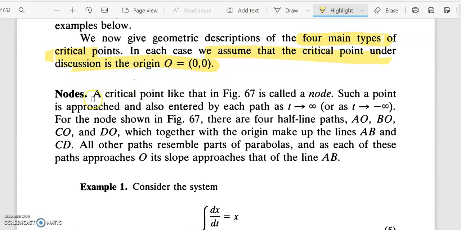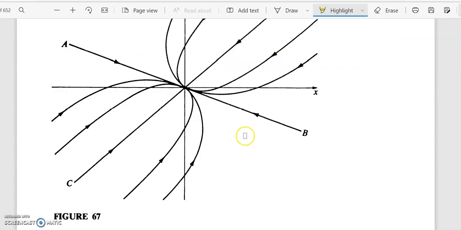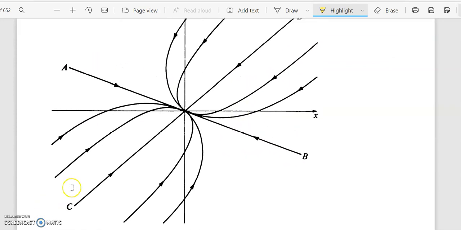The first type of critical point is called a node. Now you can see this graph. In the graph we have the origin. Let me call this point O, that is the origin. We have the half lines AO, BO and CO, each approaching the origin.